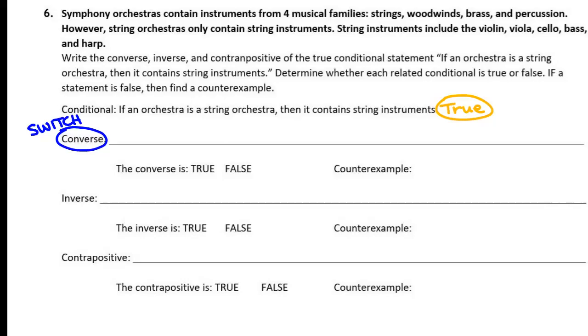That's okay. I would start with the first part. If an orchestra contains string instruments is what I would do for that one to get it to sound right in English. If an orchestra contains string instruments, then what? Remember, we're switching our hypothesis and conclusion. Then it's a string orchestra, yes.